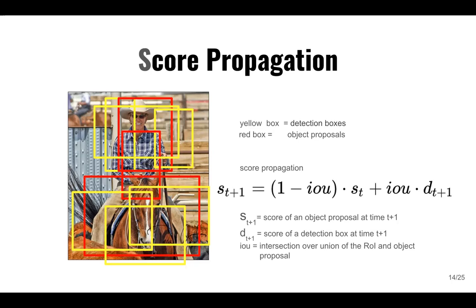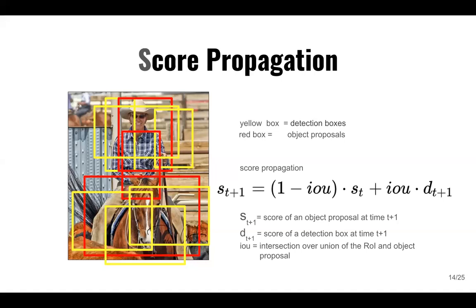What we want to do is to propagate the score of the detection boxes back to the object proposals, and we have to do it at every iteration so that it keeps on accumulating the score for that region for a long time, and then later on it will become more and more correct. So how we do this is basically based on the overlap between the detection and these object proposals.